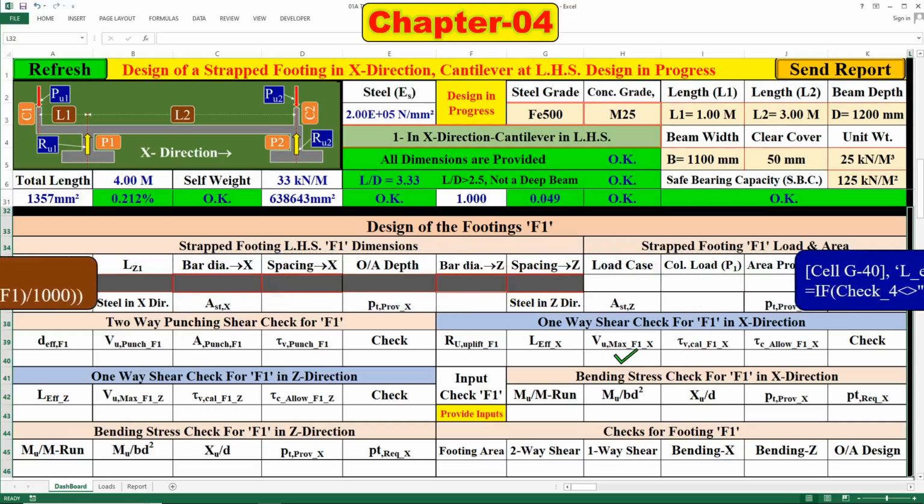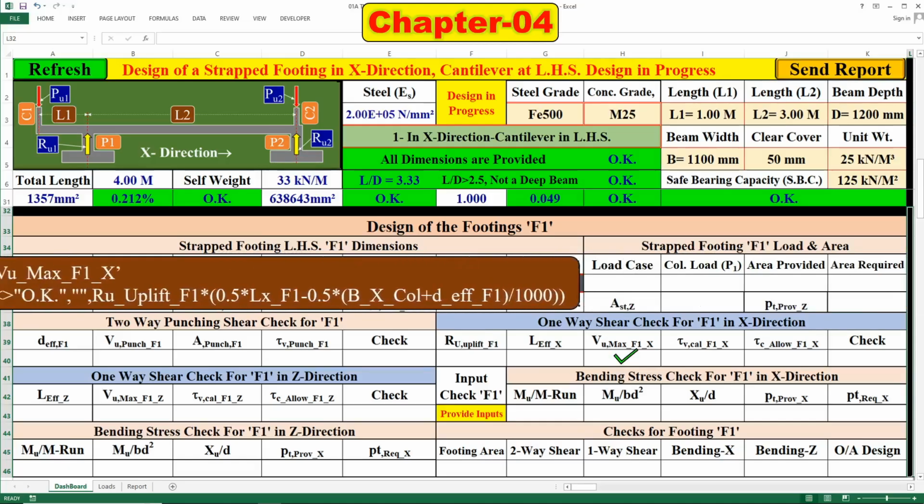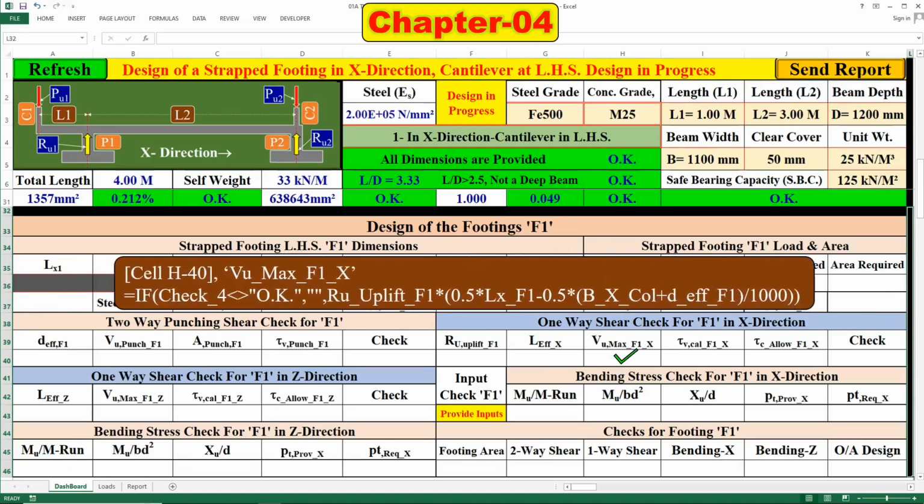Next, we have the Excel formula for cell H40. The defined name of the cell is VU_max_F1_x. It represents the maximum shear force near the column face of footing F1 in the x direction. In this formula, Excel will first check _4. If it finds _4 as a blank cell, this cell will remain blank.